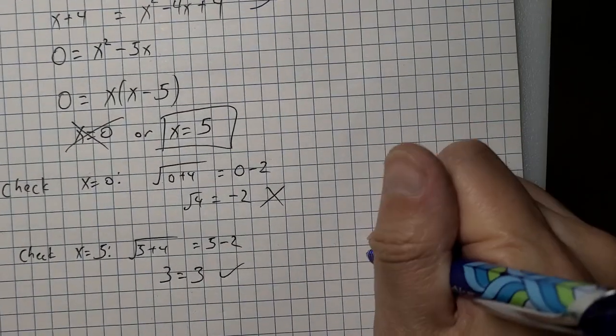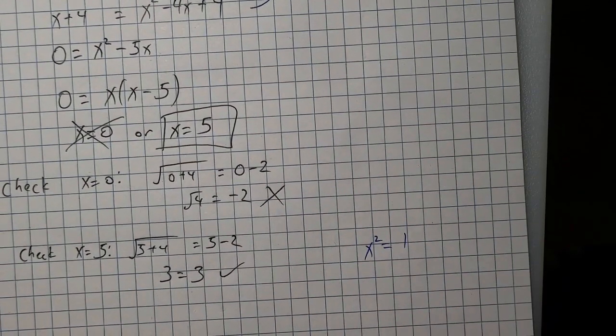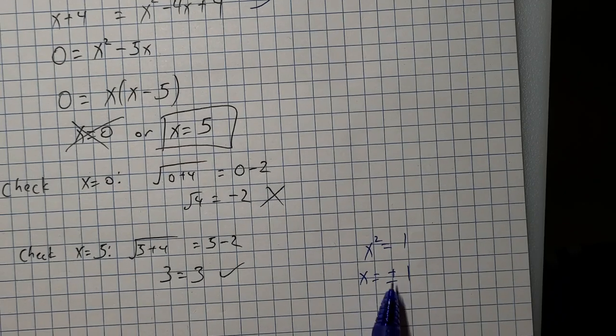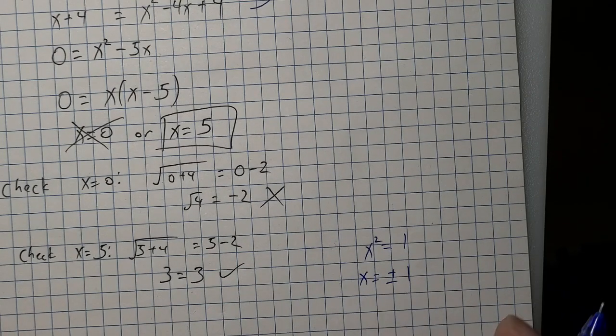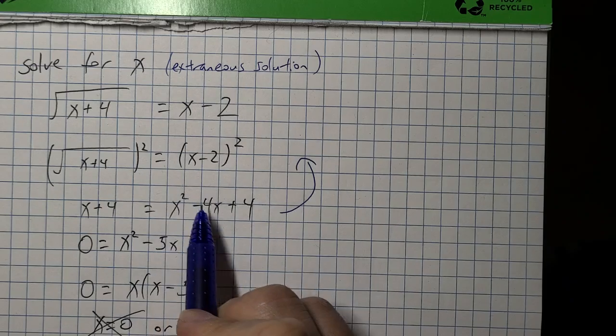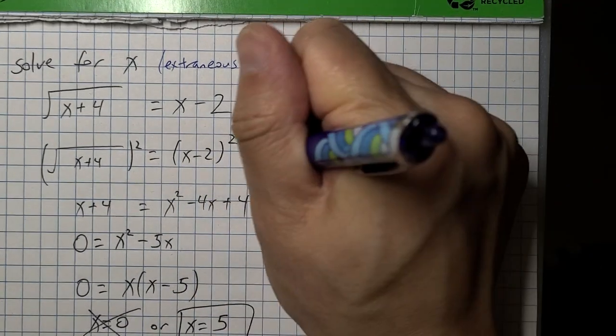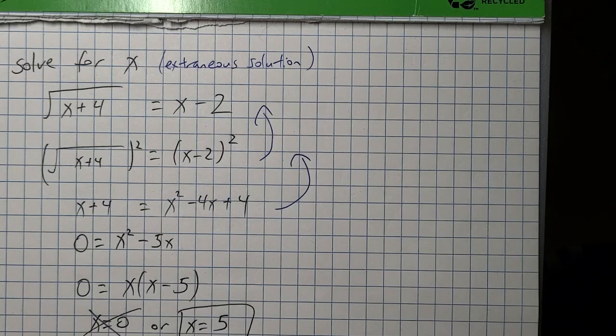Usually, for example, we have x squared is equal to 1. Then we know that x is plus or minus 1. This plus or minus is because we're square rooting an unknown.